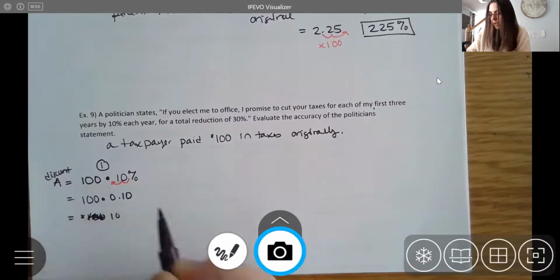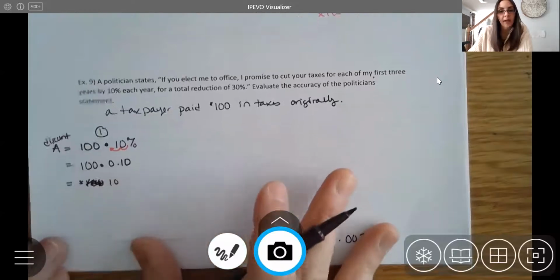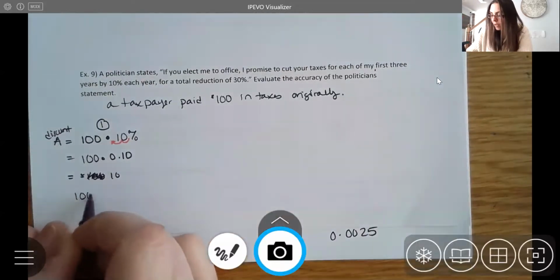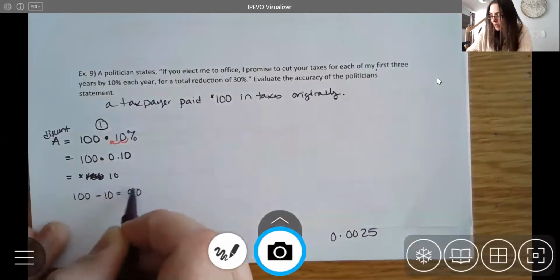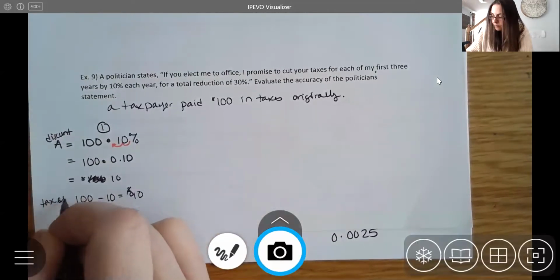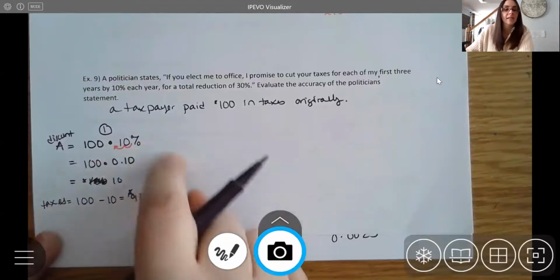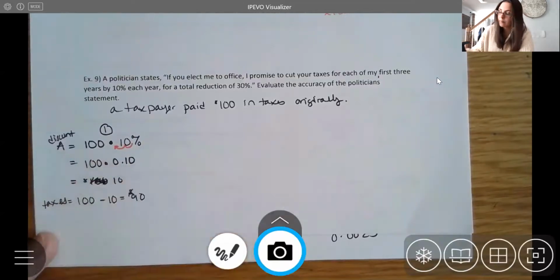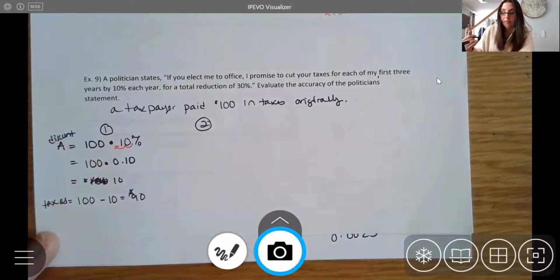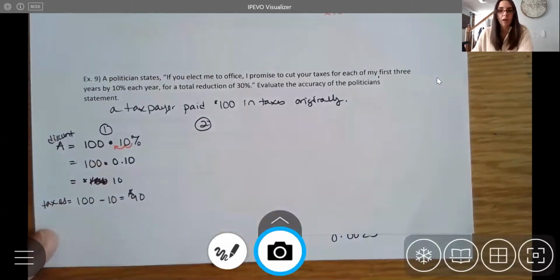$10. So after the first year, instead of paying $100 in taxes with this new politician, you would actually pay 100 minus 10, which is $90 in taxes. So what I did here is I did a discount for 10%. Now for the second year, the taxpayer said he's going to take another 10% off. But keep in mind that your taxes are not $100 anymore, they're now $90.